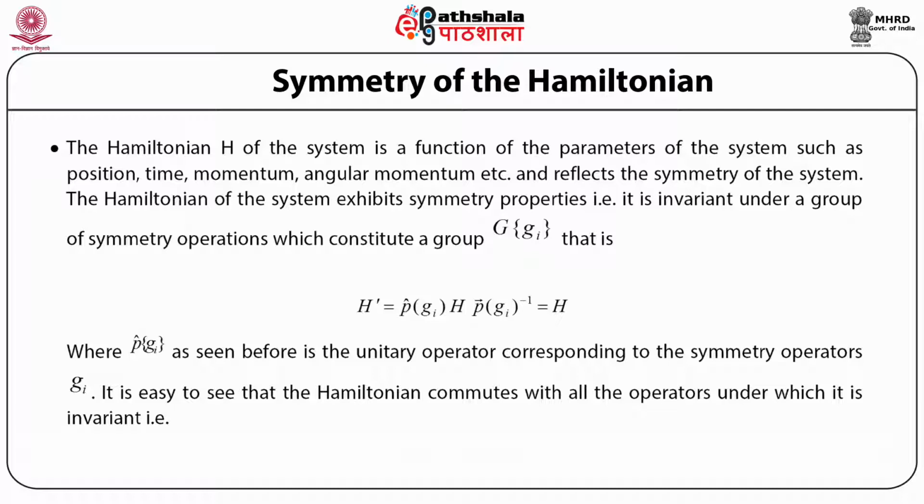It is easy to see that the Hamiltonian commutes with all the operators under which it is invariant. So, if the Hamiltonian is invariant under symmetry operations, then the Hamiltonian commutes with the operators, that is H P hat is equal to P hat H.